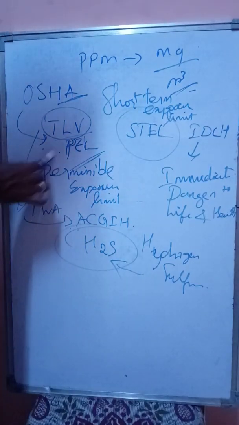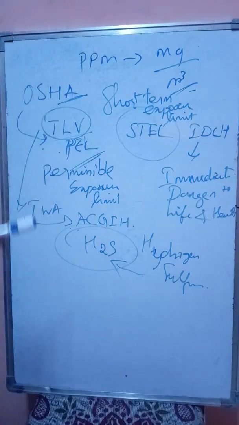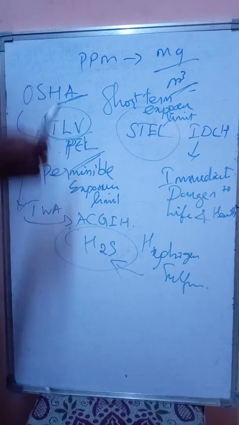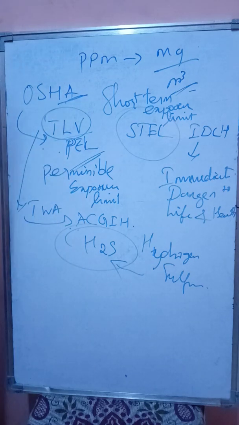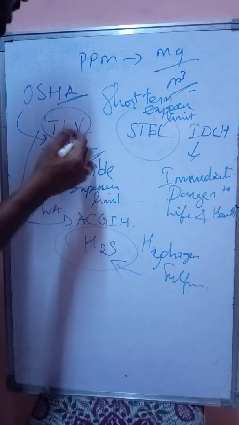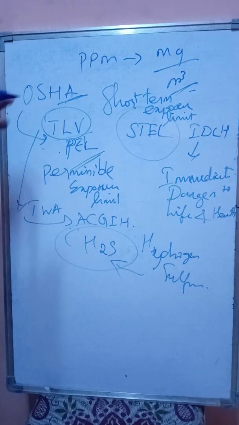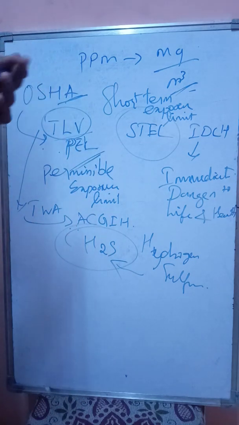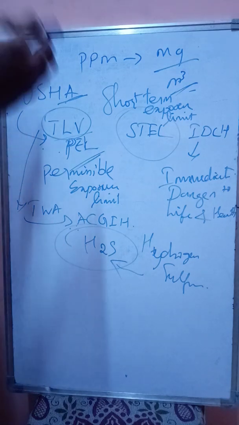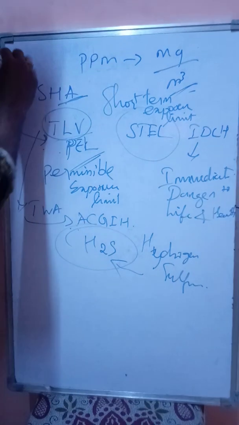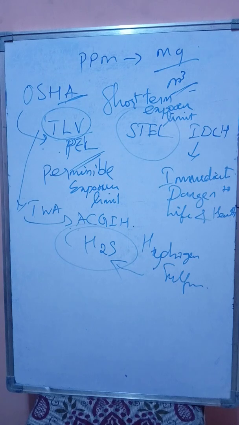So what is the difference between PEL and TLV? The PEL is the upper limit, the maximum limit that a person can work for an 8-hour average. For example, take benzene.